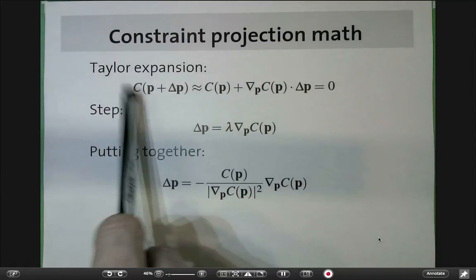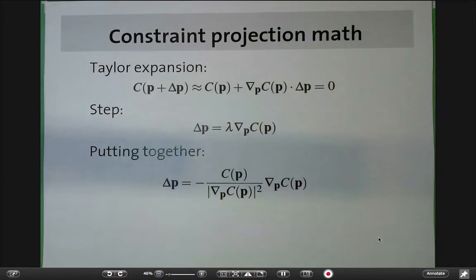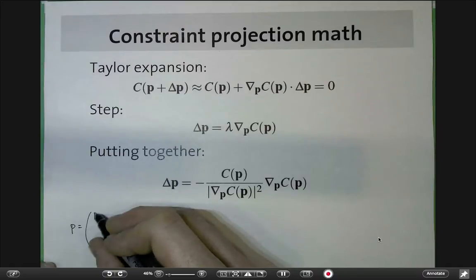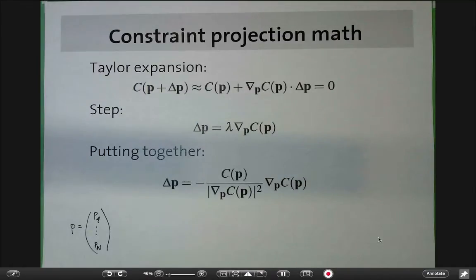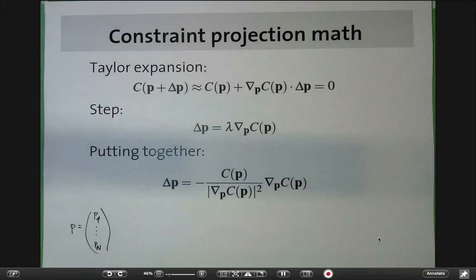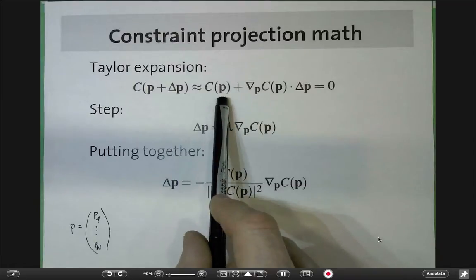So here is some constraint function. The P is here the aggregated state. So I guess I could write the P like this: P1, the first particle, up to Pn, like one big vector. And the delta P is the displacement. That is, I change it just a little bit. Using Taylor approximation, Taylor expansion, you can write it like this, right?